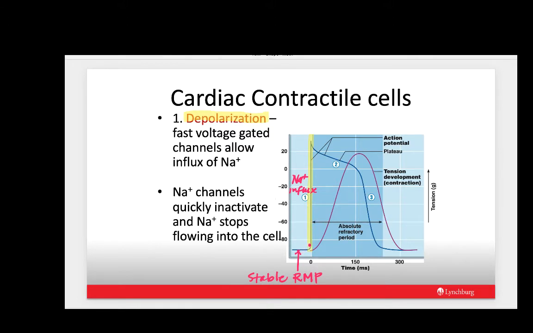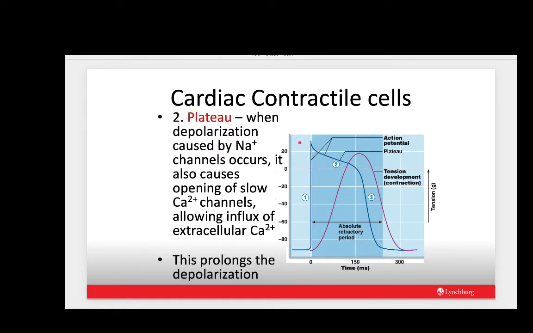So we're going to have our initial depolarization due to fast-gated sodium channels opening. Then those sodium channels are going to close, and we're going to reach this plateau portion in our tracing. That's going to be this portion here. We can see that the depolarization is kind of extended, and we call this a plateau.